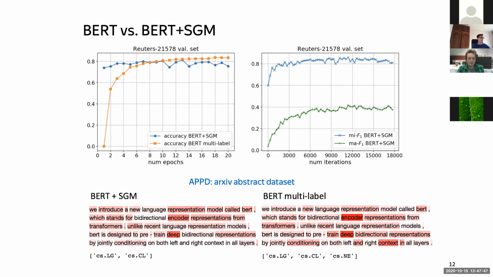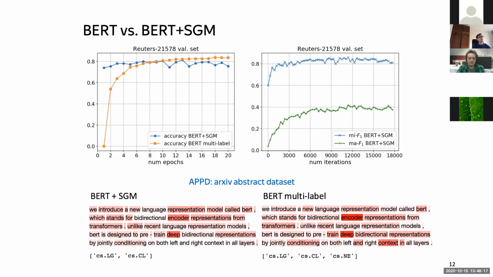We also can see that multi-label BERT takes 30 to 50 epochs to converge, and this is actually unexpected, because multi-class BERT, for example, takes a smaller number of epochs to converge.